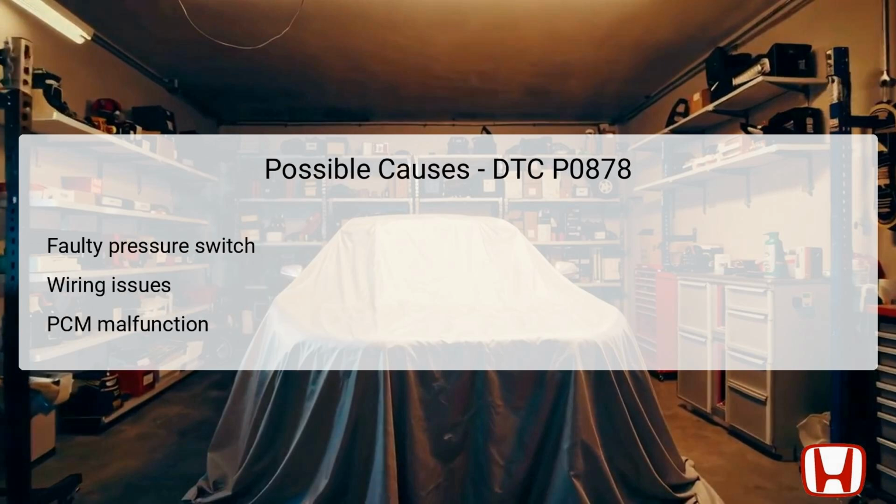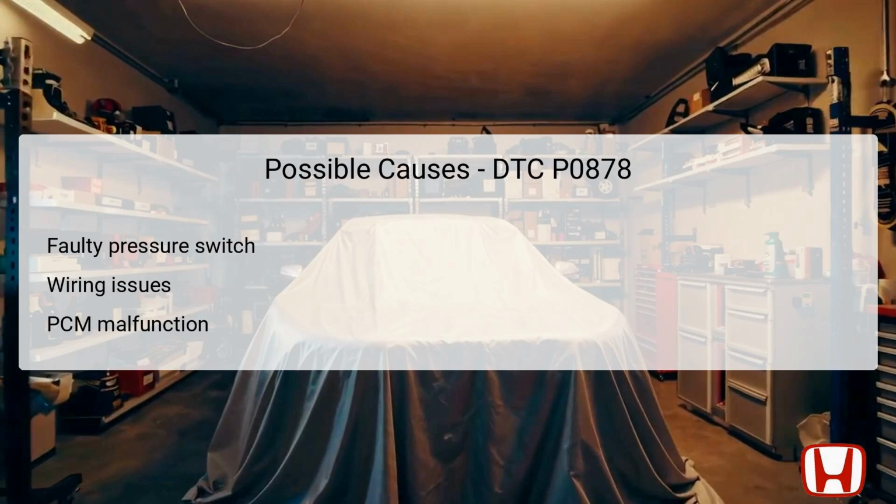The potential causes for DTC P0878 include several key factors that must be carefully examined. A faulty pressure switch is the primary suspect, as wear and tear can lead to incorrect readings. Wiring issues, such as breaks or shorts in the wire harness, can also cause high voltage signals to be sent incorrectly to the PCM.